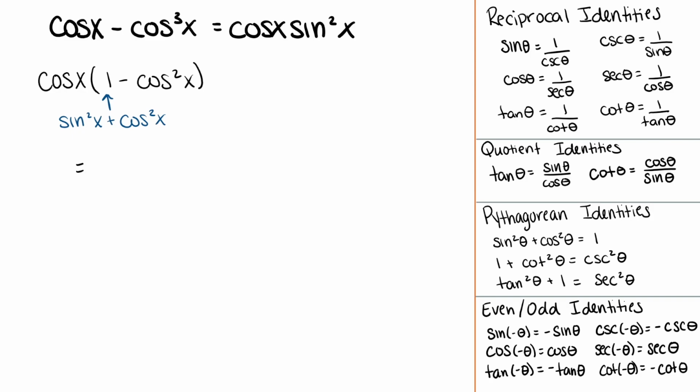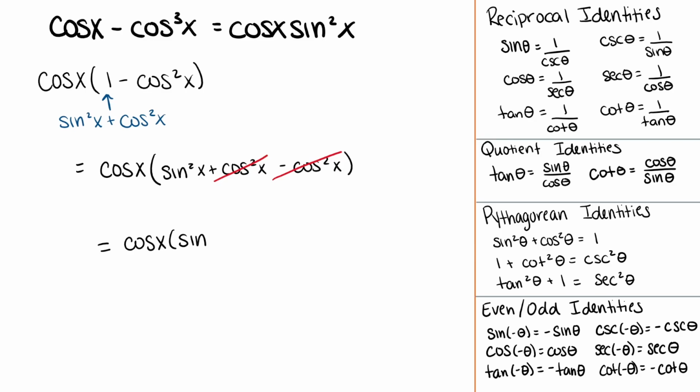So we can rewrite this as cos x times sine squared x plus cosine squared x minus cosine squared x, which means our cosines will cancel, and we're left with cosine x times sine squared x, which is exactly what we were looking for, and we verified our expression.